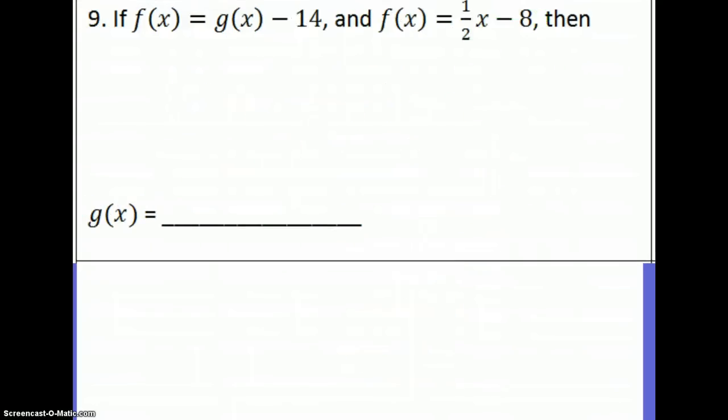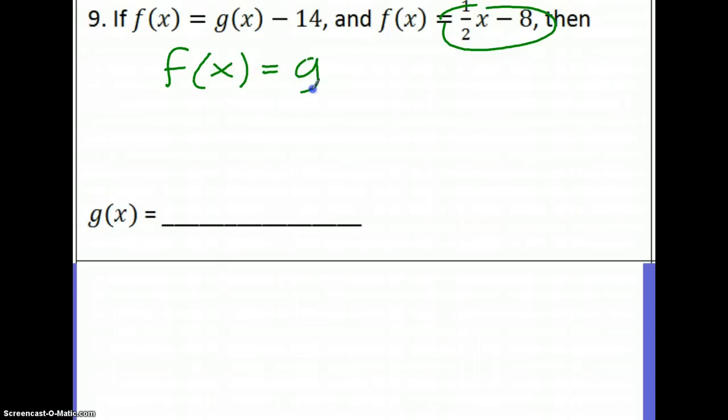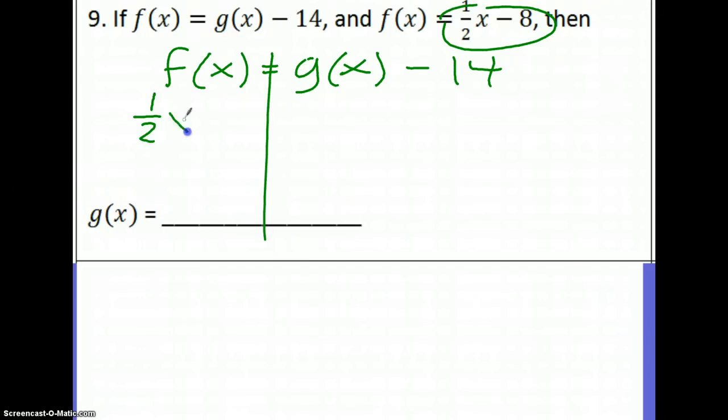If f(x) = g(x) minus 14 and f(x) is 1/2 x minus 8, we're going to plug that in for f. So f(x) = g(x) minus 14. f is 1/2 x minus 8.